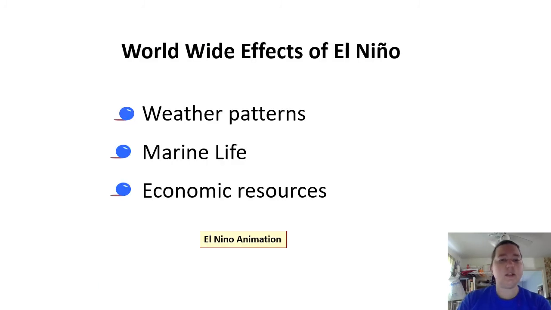It changes weather patterns, it affects marine life, it affects food webs, it affects economic resources. Not only does it affect economic resources as far as those fisheries off the coast of South America, but it also affects weather patterns around the globe that affect crops, agriculture, and food production.